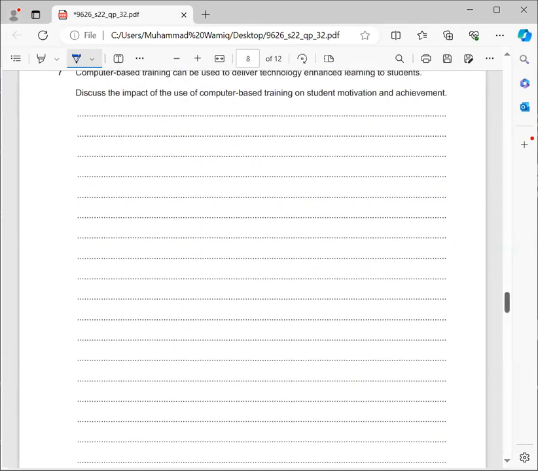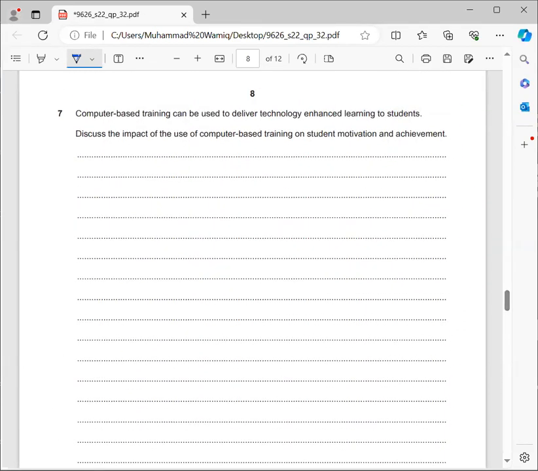Now the seventh question is that computer-based trainings can be used to deliver technology enhanced learning to students. Discuss the impact of the use of computer-based trainings on student motivation and achievement.